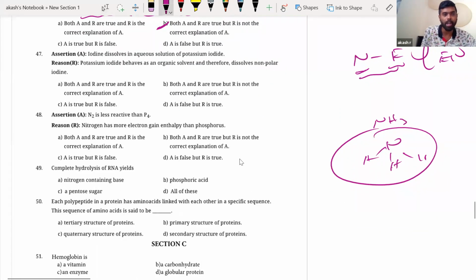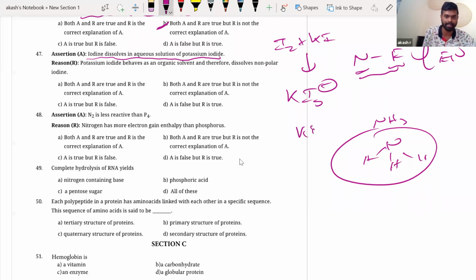Right. Next question. Iodine dissolves in aqueous solution of potassium iodide. Why? Basically I2 can react with KI to form I3 minus, KI3 basically. I can write it as KI3. Okay, this is possible. Why? Potassium iodide behaves as an organic solvent and therefore dissolves non-polar iodine?